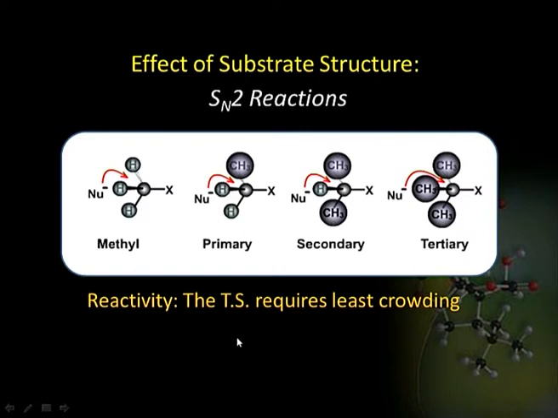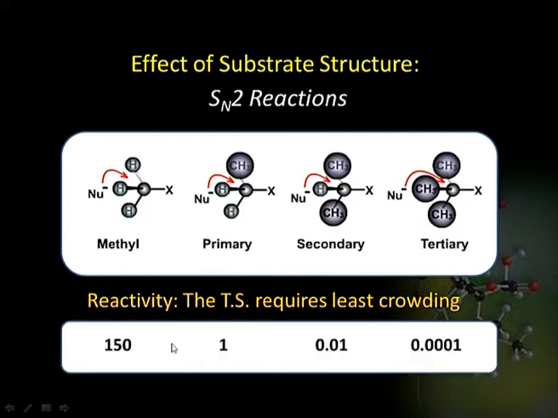So, the transition state requires least crowding, and therefore the gradation as mentioned. It has been experimentally observed that with methyl halides the reaction is 150 times faster as compared to the other types, which are very low reactive.